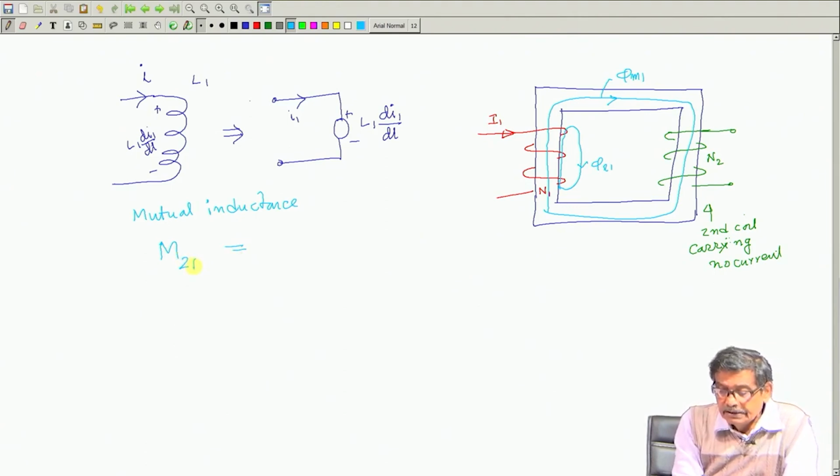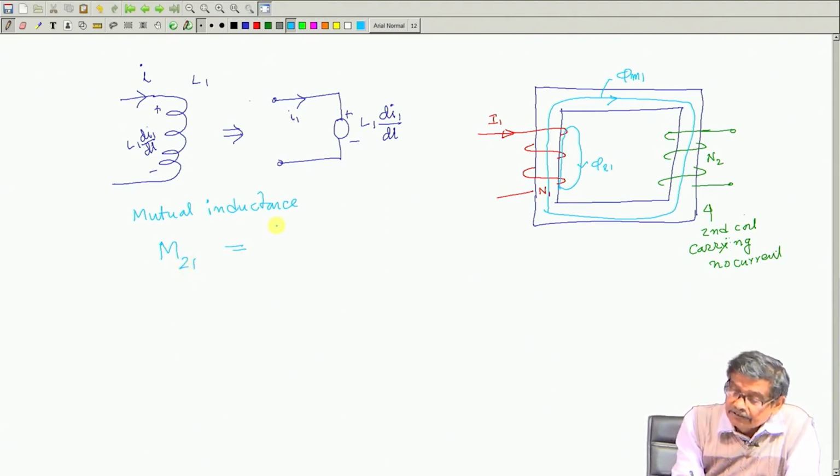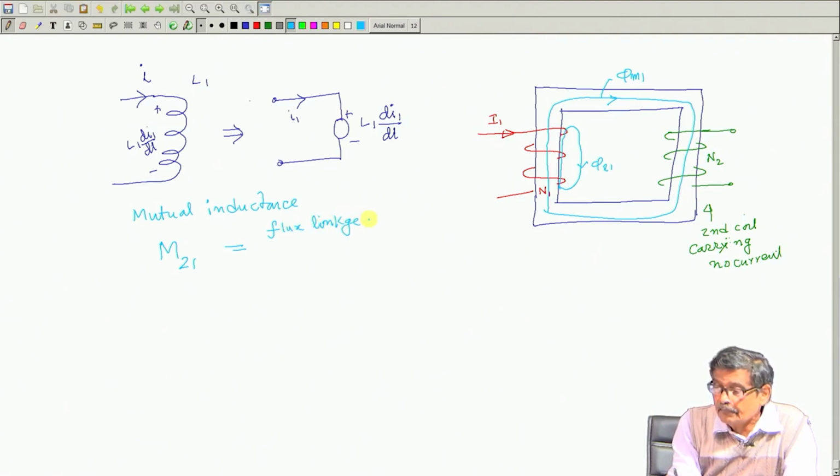The second one is that coil 1 is carrying current. What is the flux linkage with the second coil, when 1 ampere flows in the first coil?